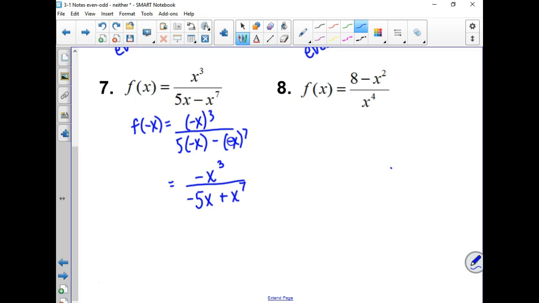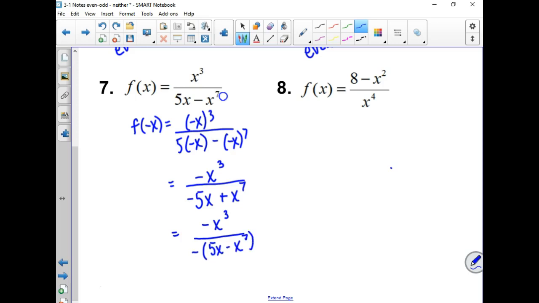Now, at first glance, this appears that it is an odd function because everything changed signs. Our x to the 3rd changed signs, our 5x changed signs, and our x to the 7th changed signs. However, because this is a fraction, we have a negative in the numerator. We also have a negative in the denominator. If I factored out a negative here, I would be left with 5x minus x to the 7th here.